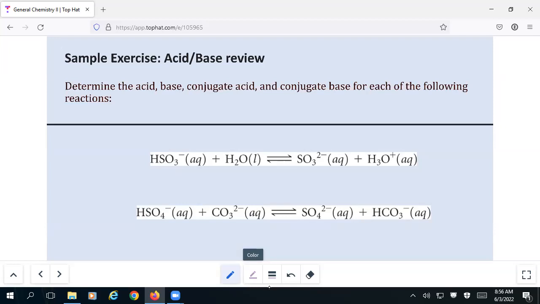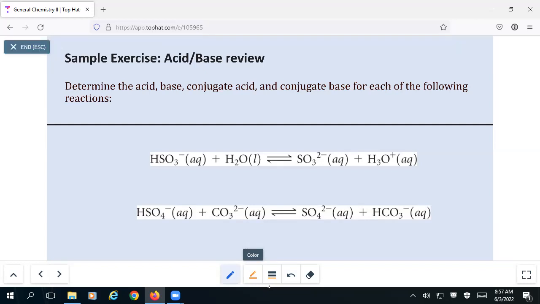All right, let's do a practice exercise together here. I've got the bisulfite ion, HSO3 negative, reacting with water to make sulfite and hydronium. The trick to this is identifying which way the hydrogen ion is going.